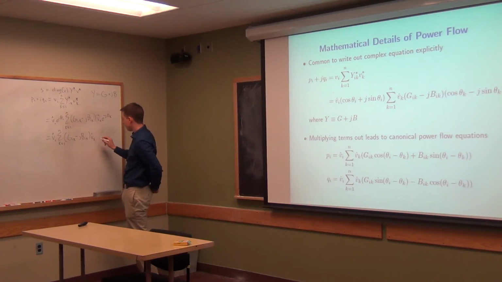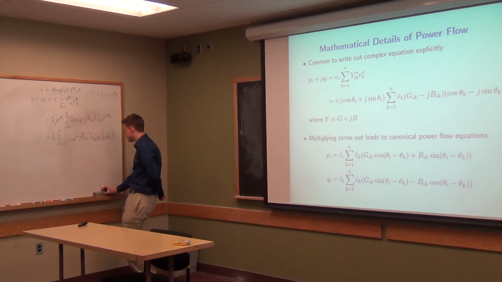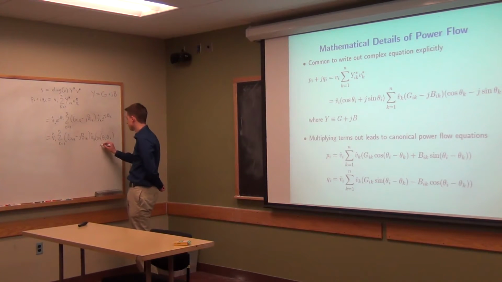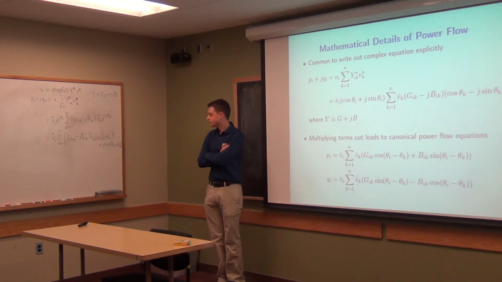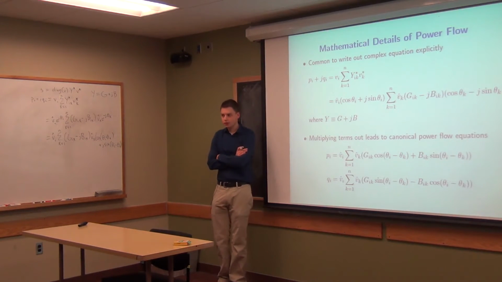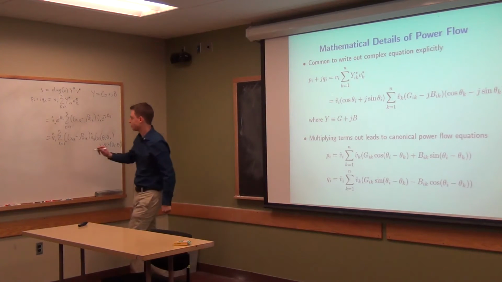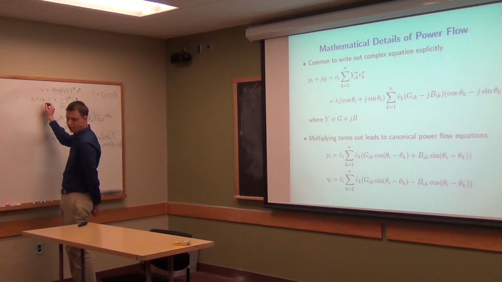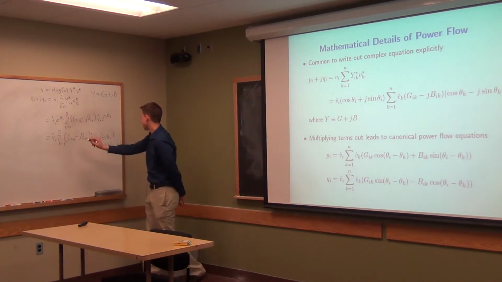This is equal to v hat k times cosine of theta i minus theta k plus j times the sine of theta i minus theta k. Okay, so remember, the real and reactive power is equal to this whole thing.